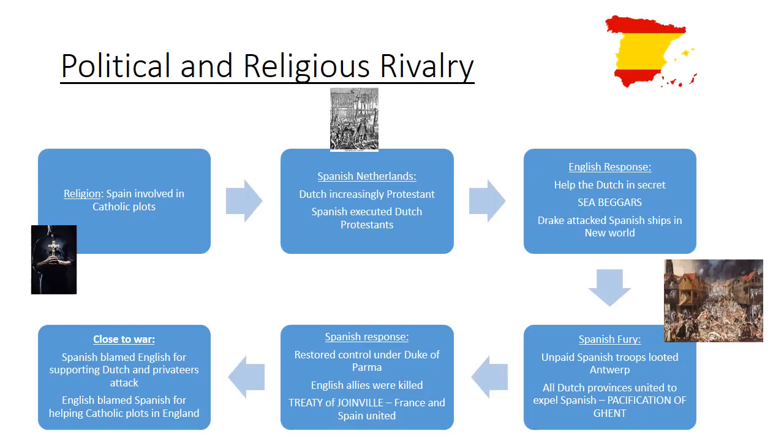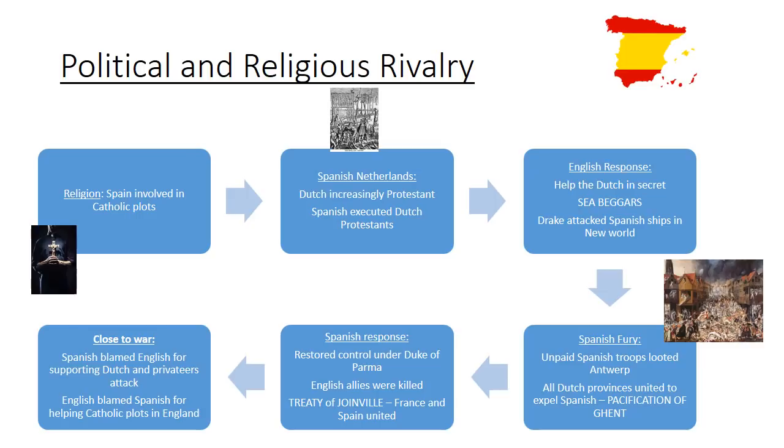There's a famous example in Antwerp where they went on a massive riot, burnt down buildings, killed people, and stole what they wanted. In response, all Dutch people, including Catholics and Protestants, united together to get rid of the Spanish. This was called the Pacification of Ghent. So effectively, a war was starting between Protestants in Holland and Catholic Spain.